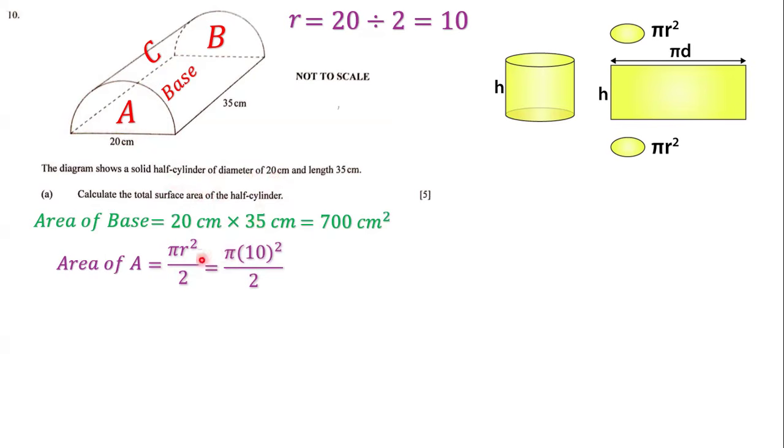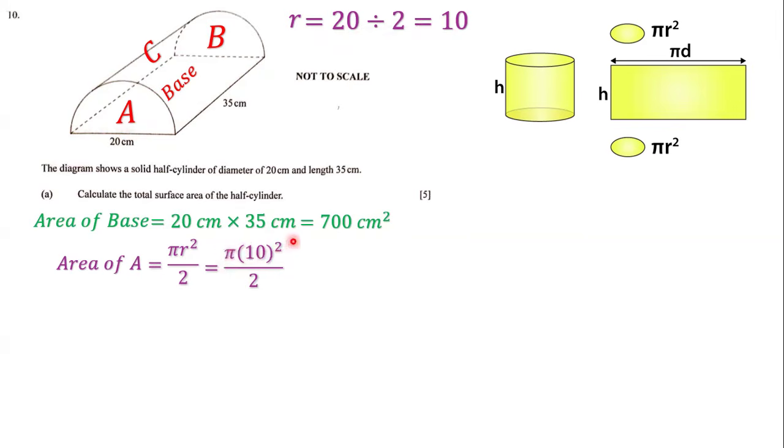But what is r? r is 20 divided by 2, because the diameter is 20 and the radius is half of the diameter. So if the diameter is 20, then the radius must be 10, because 20 divided by 2 is 10. So we have pi times 10 squared all over 2.